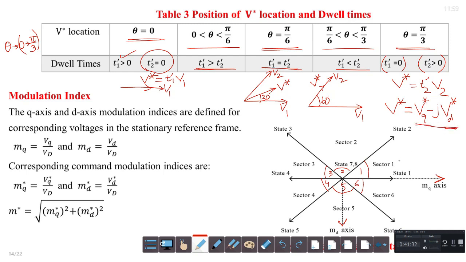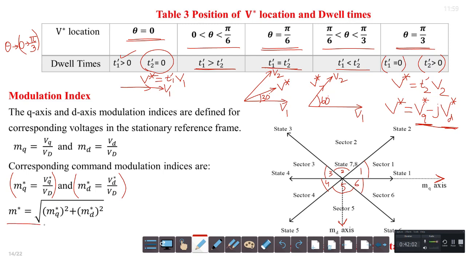To generate the voltage V star, we can consider two rectangular components VQ star and VD star, or we may consider the corresponding command modulation index MQ star, given by VQ star by VD.